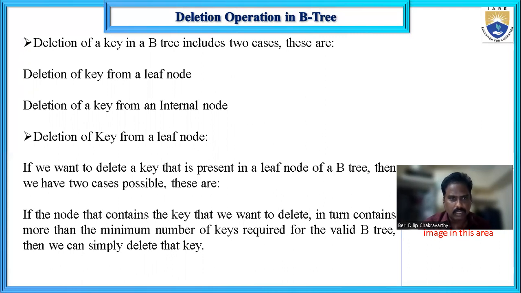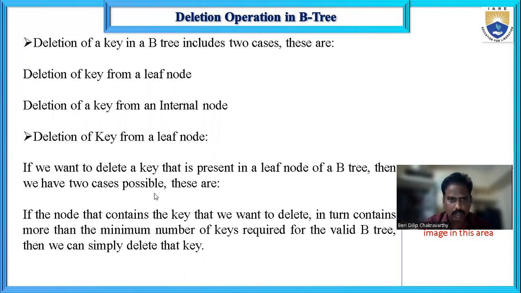In the first case, deletion of a key from a leaf node. If you want to delete a key that is present in a leaf node of a B-tree, then again we have two cases possible.